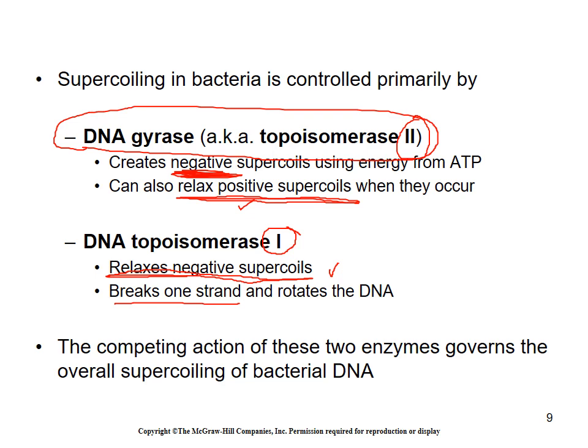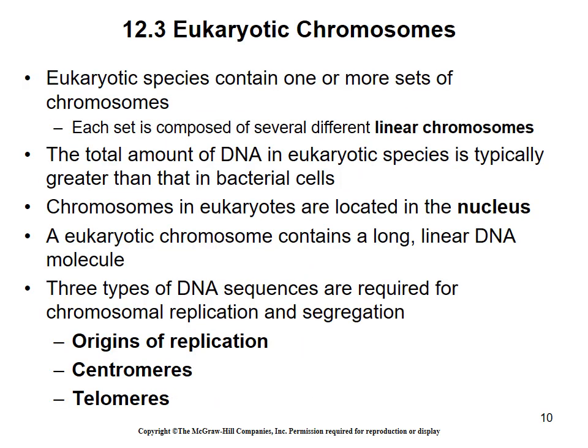Now, a eukaryotic chromosome is going to follow slightly different rules. Part of that is because eukaryotic cells will have multiple copies of chromosomes available in their nuclear region, but also because the chromosomes from eukaryotes tend to be in a linear format. Part of this will be seen in the fact that we have a lot more DNA in a eukaryotic cell than in a prokaryotic cell.